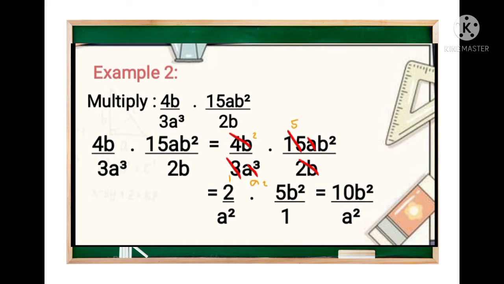Then a cubed divided by a is equal to a squared. And the remaining is 2 over a squared times 5b squared over 1. So multiply them. 2 times 5b squared is equal to 10b squared. a squared times 1 is equal to a squared.